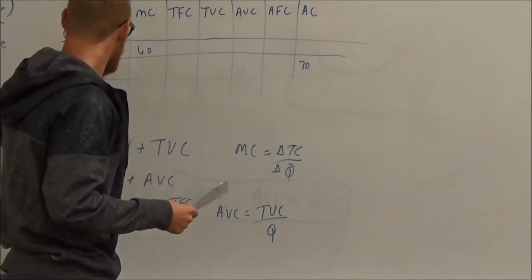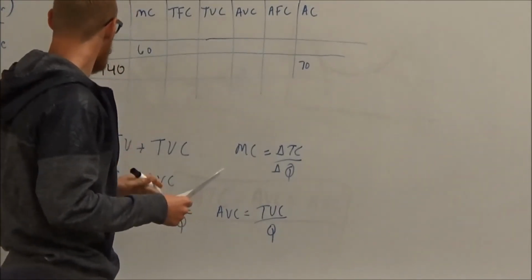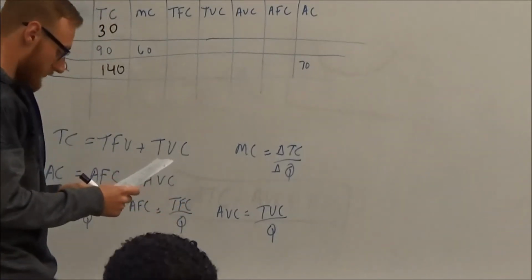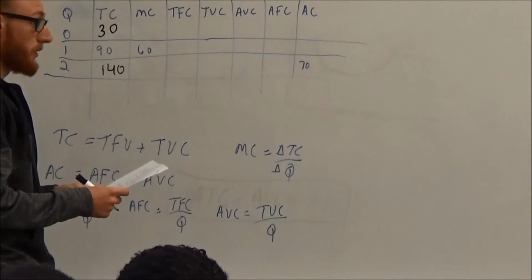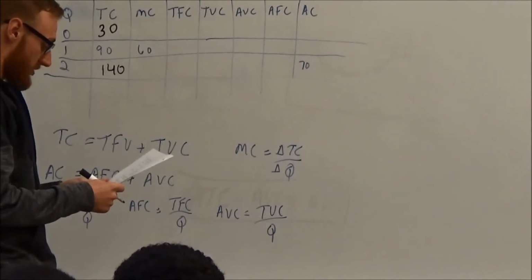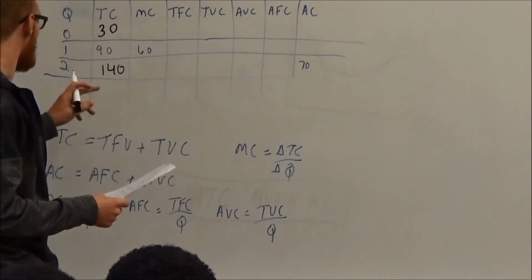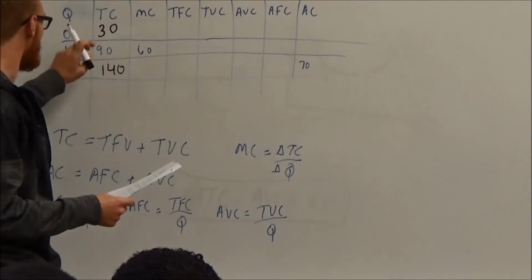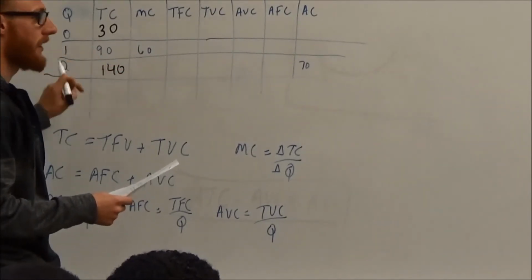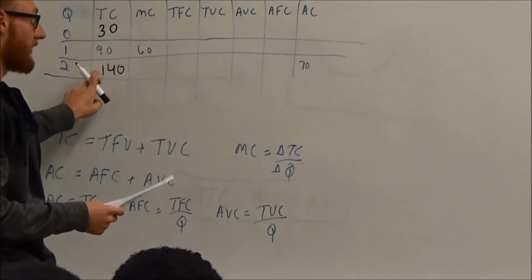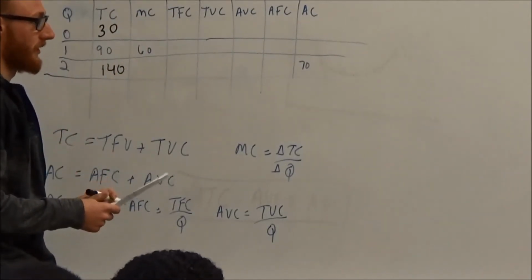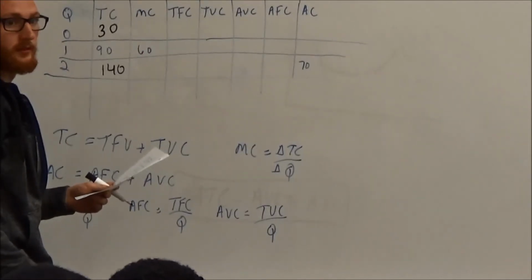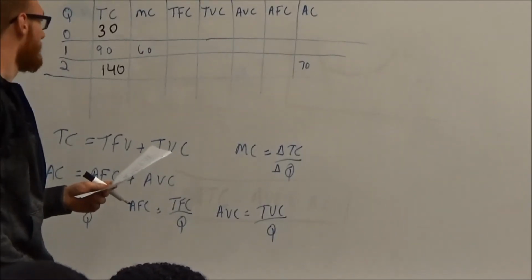Okay, keep going then. And where did you get that from? That's an easy one, actually. I'm sure a lot of you like that. That was the change in total cost. How would you come up with that? 70 divided by 2.